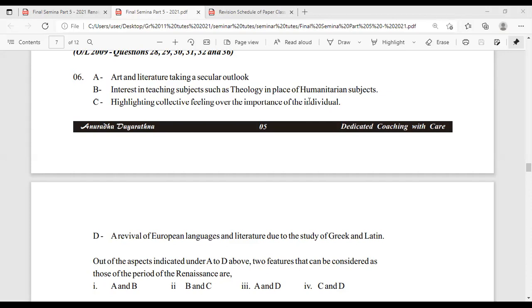Yeah, A and D means the third answer. Sandra says 3. Art and literature taking a secular, worldly outlook, just Renaissance. Theology, feudalism. Collective feelings, feudalism. And Greek and Latin languages, Renaissance. A and D, very good.